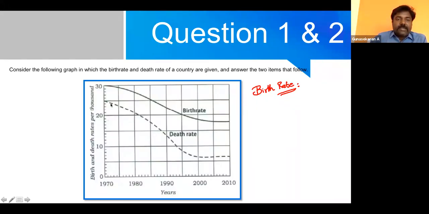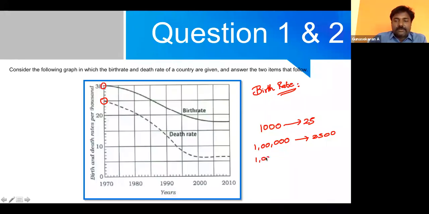Understand? In 1970, if there is a value like this, 25 means out of every 1,000 people, 25 people died. If there is a 1 lakh population, then 2,500 will die.